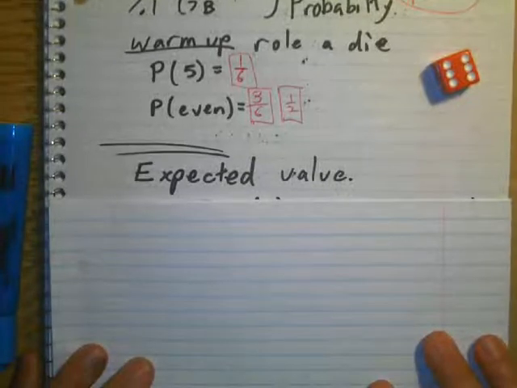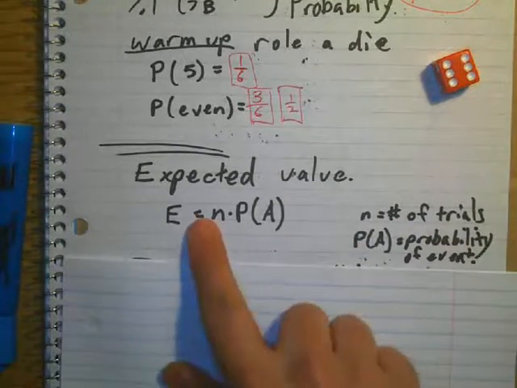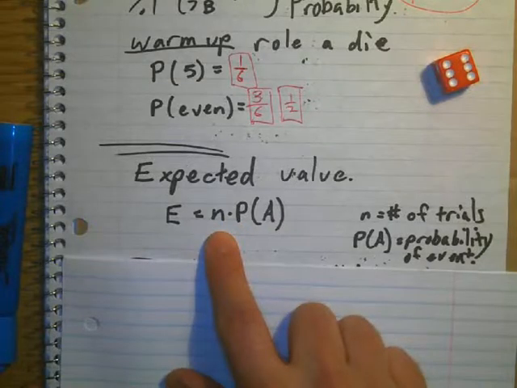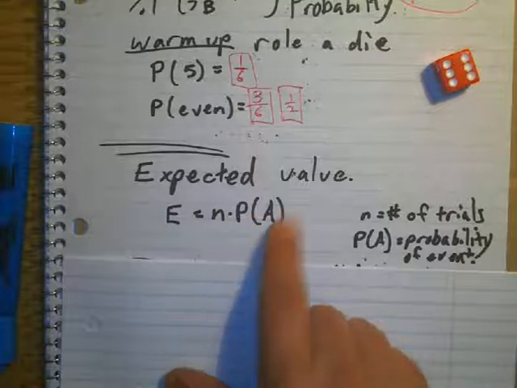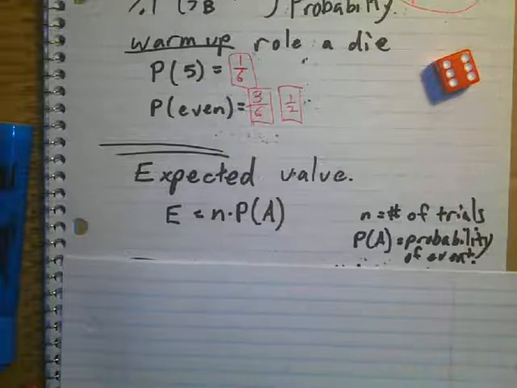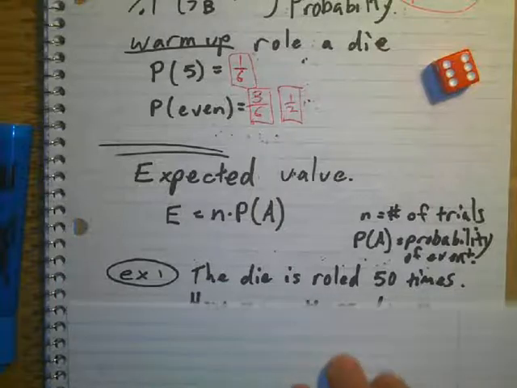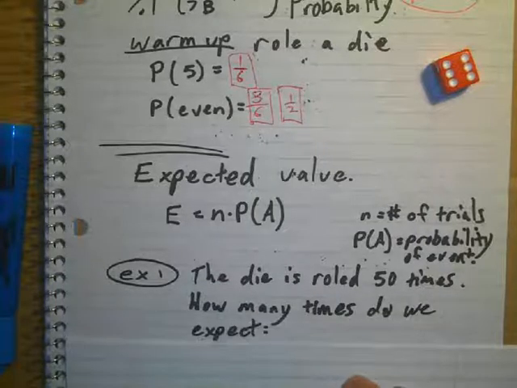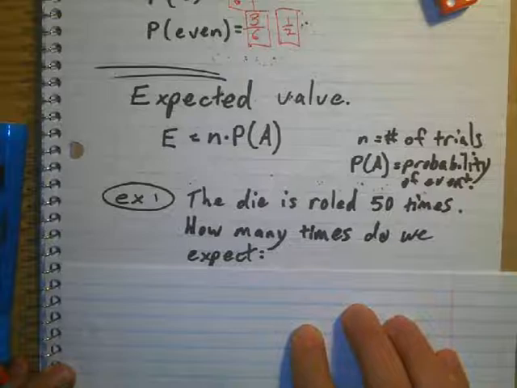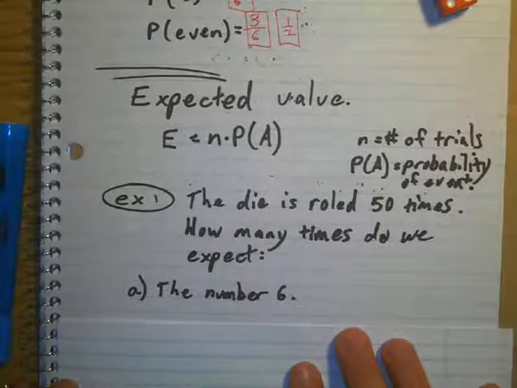What is expected value? Expected value is the number of trials that you have times the probability that we expect to get something. So let's look, for example, let's pretend I'm going to roll a die 50 times. How many times do we expect that we're going to get the number 6?